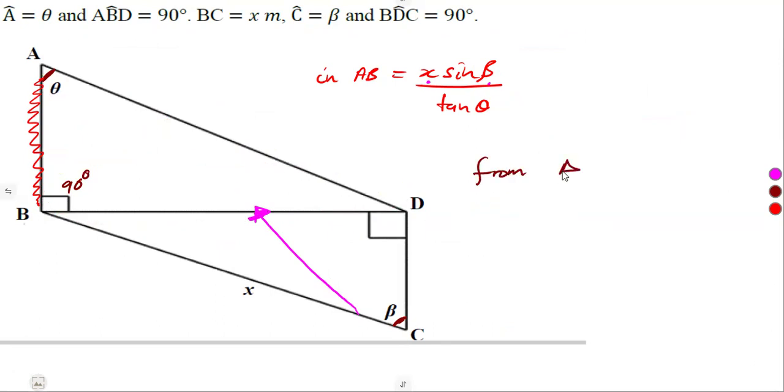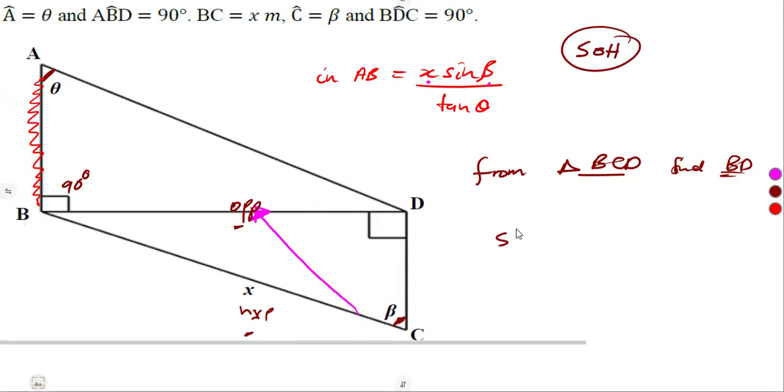All right, so let's work that way. From triangle BCD, find BD. So to find BD according to beta, this is the opposite, and x is the hypotenuse. We must find this in terms of x, remember? So BD is going to be like this, where we have got opposite and hypotenuse, the sine, from our SOH CAH TOA. So the sine of beta is equal to the opposite over the hypotenuse.